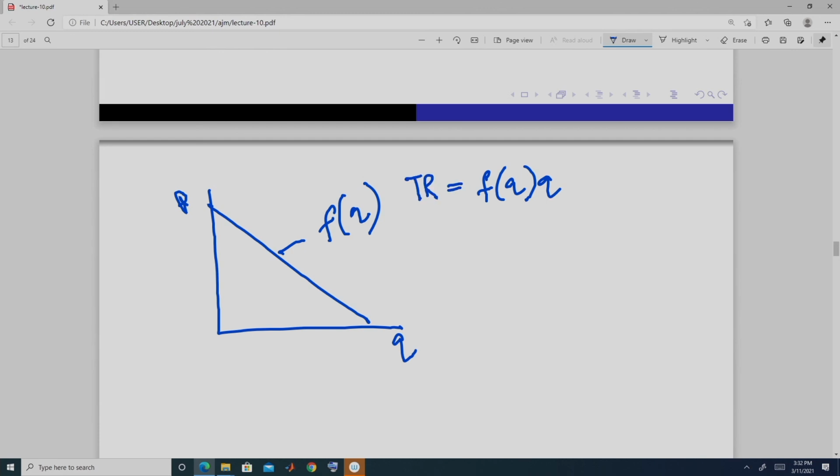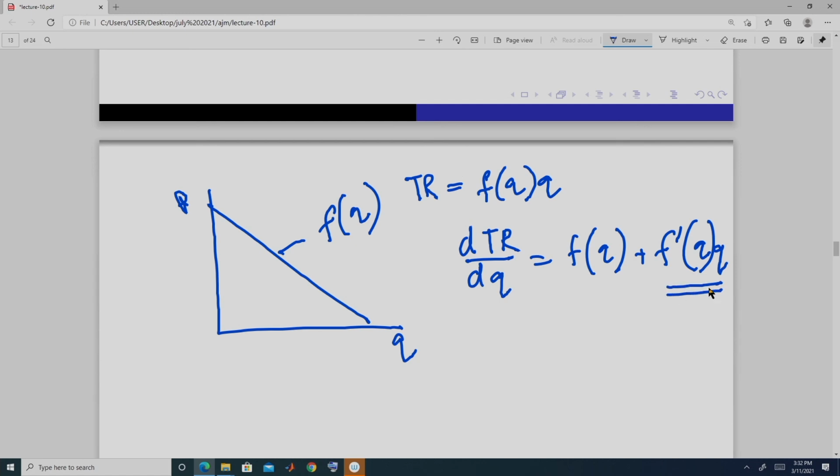Now, if you take the derivative of this with respect to output, you will get this. We know the demand curve is downward sloping, so this portion is going to take a negative value. Now plug in outputs, this is the price plus some negative value. So it is going to be something like this, and this is the marginal revenue curve.